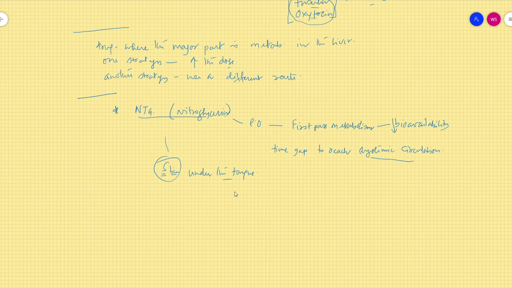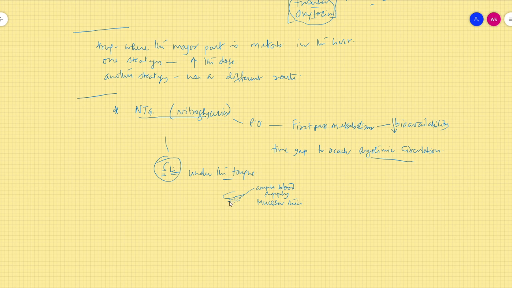If we look under the tongue in a normal person, it's red in color. And why is it red? Because there is ample blood supply, and the mucosa is thin.